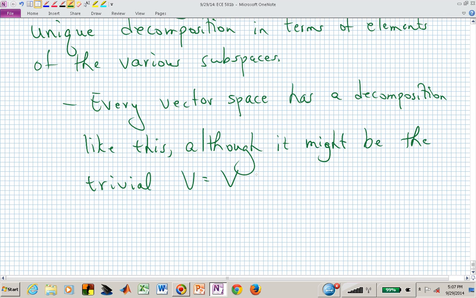The trivial being V direct summed with the zero vector case, which isn't a very exciting direct sum decomposition.